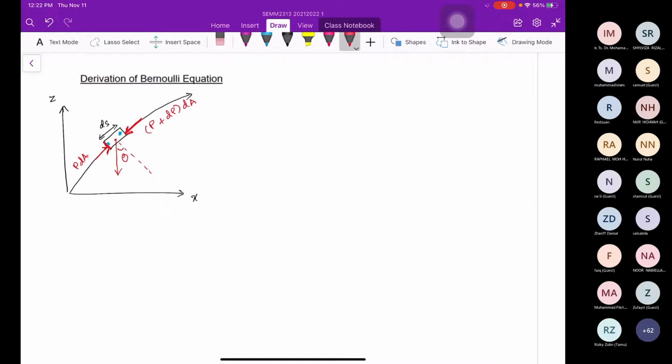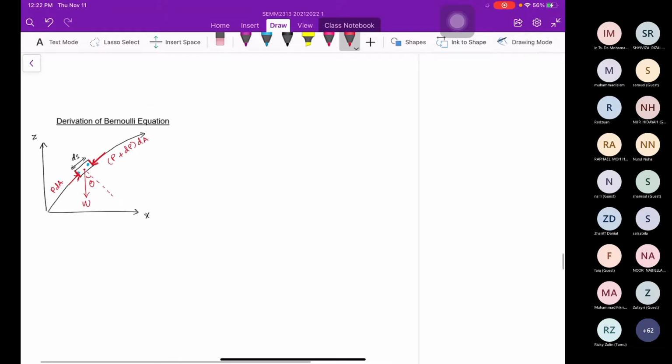Because at this point of pressure, you must add the change of pressure, dP. And this is the weight. Now apply Newton's second law: summation of force in the streamline direction equals mass multiplied with acceleration in the streamline.